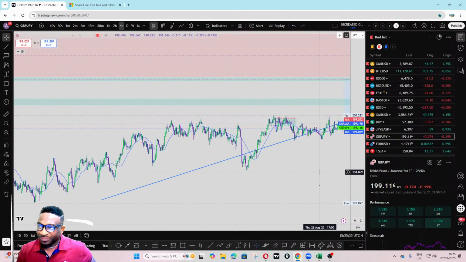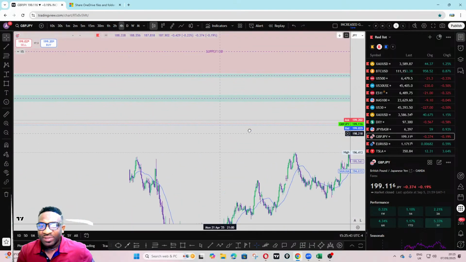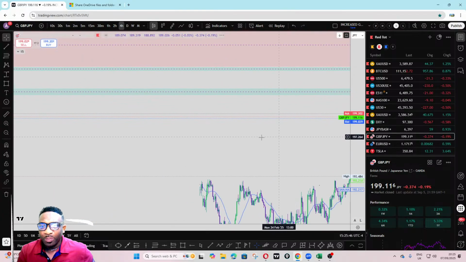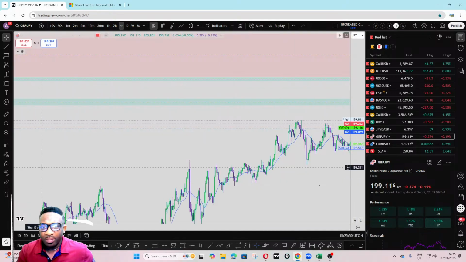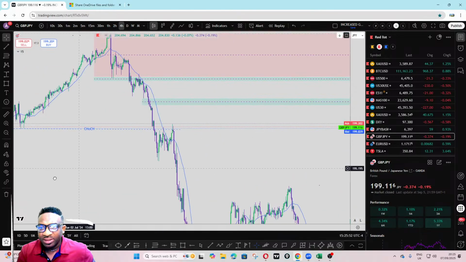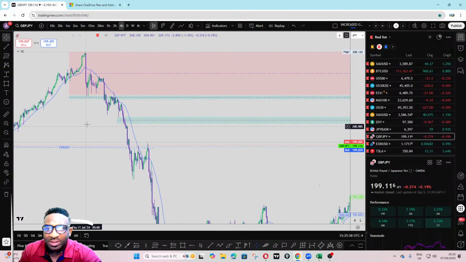just as when analyzing gold, NAS and the other ones, we didn't have much data on the left hand side, but over here we have data on the left hand side to further help us in our analysis. So I'm just moving to the left hand side. We have data here to help us in doing our analysis.